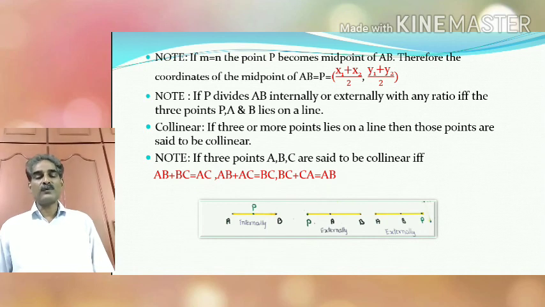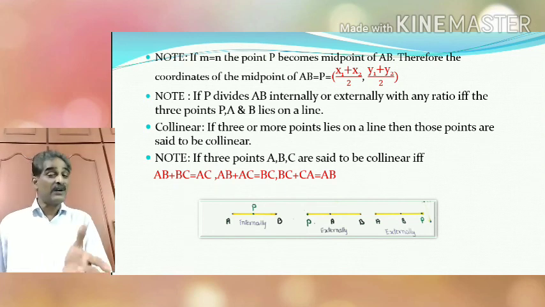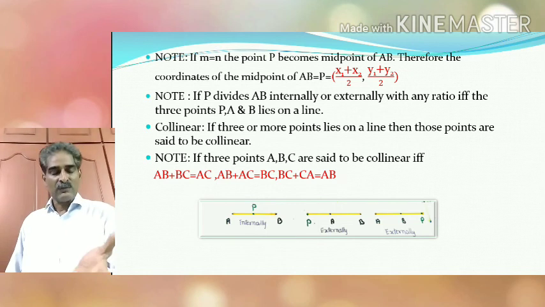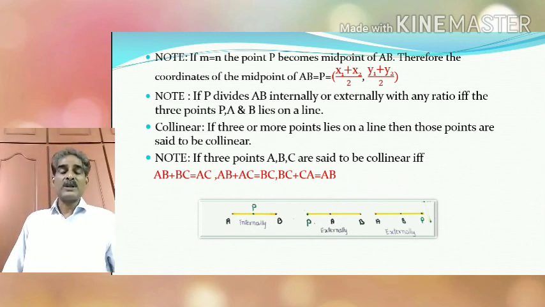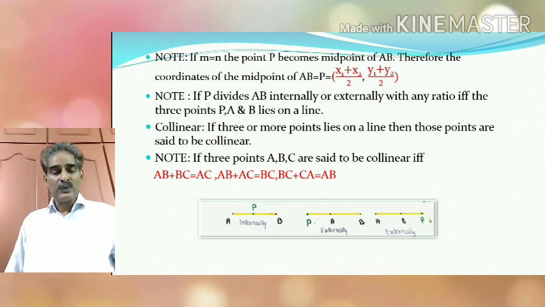Then, by observing the lengths, if the sum of any 2 of the 3 lengths is equal to the third, then we can say that those 3 points are collinear. Then only the relation is possible: the sum of 2 lengths equal to the third length.